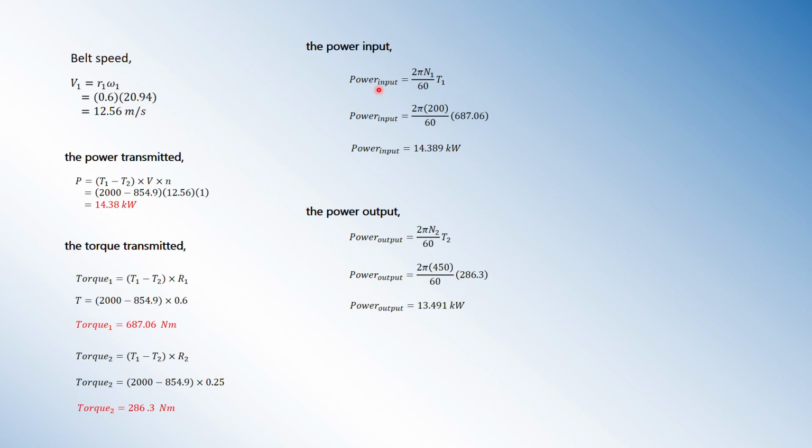Because a pulley is a rotating component, we use this, not the effective tension times velocity. That is for the belt. So you have power input and power output. If you want to find the efficiency, then you should take power output divided by power input times 100%. Okay, so that's all for this part, the work example 1.